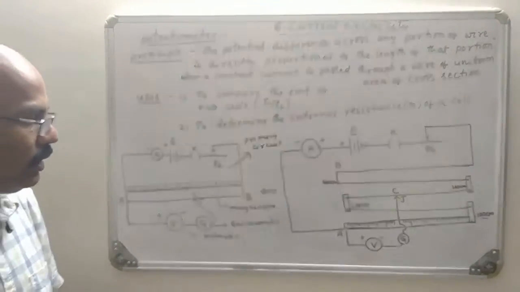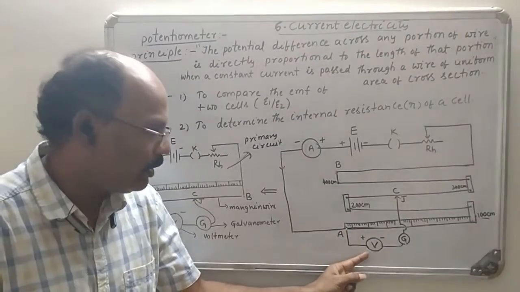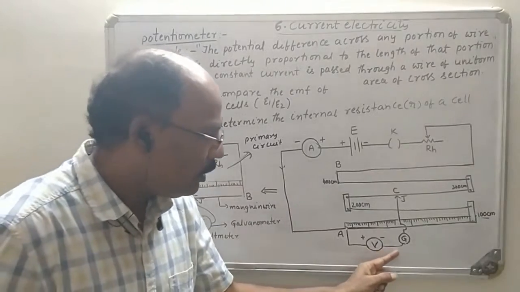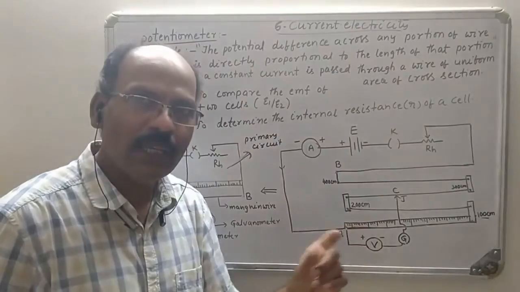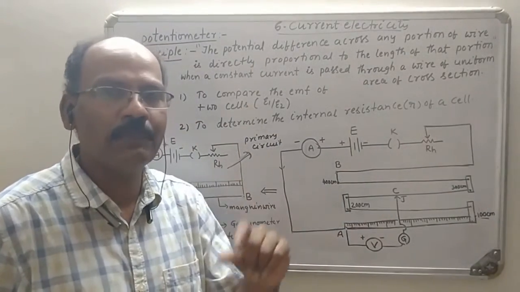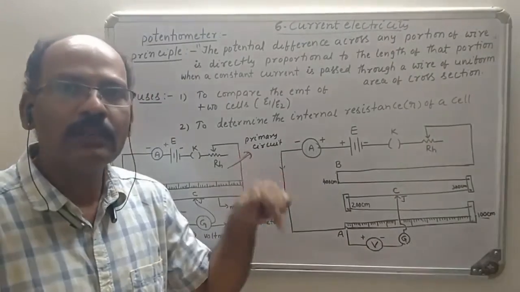Then we can observe that at point A a voltmeter and a galvanometer are connected in series to measure the balancing length. Already we explained this in the case of the meter bridge and Wheatstone bridge.